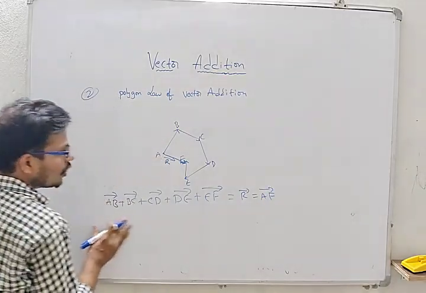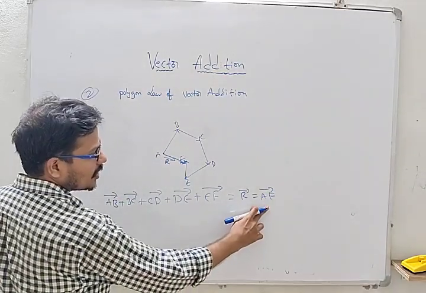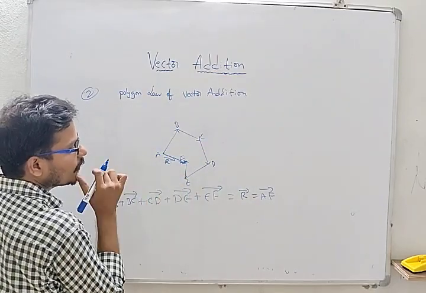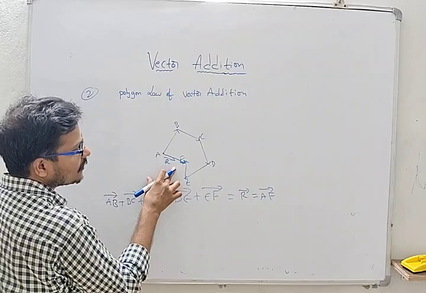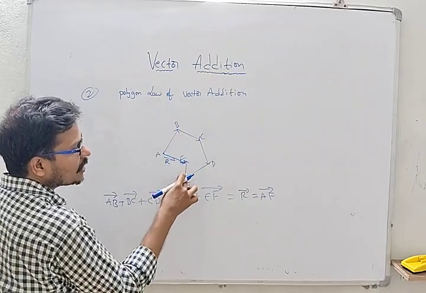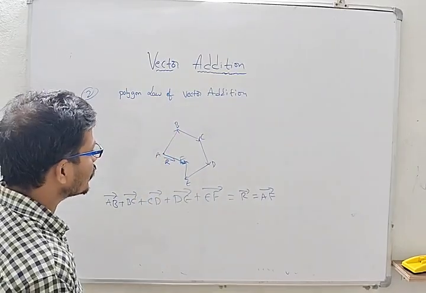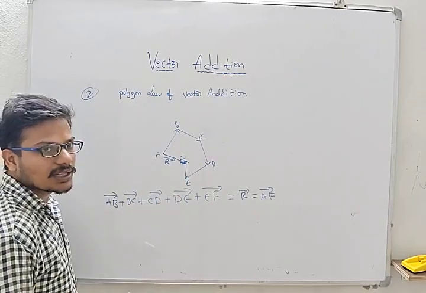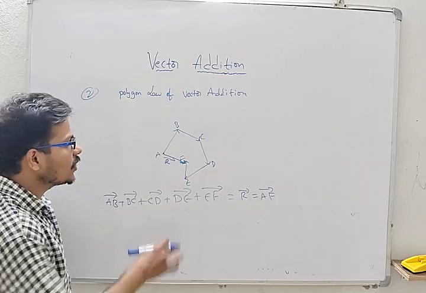So the sum of all these vectors must equal AF. Why? Because this is the shortest path from A to F. So the A to F direction must be opposite to the sum of the remaining vectors. In that case only the total vector must be 0. Otherwise it is not 0.